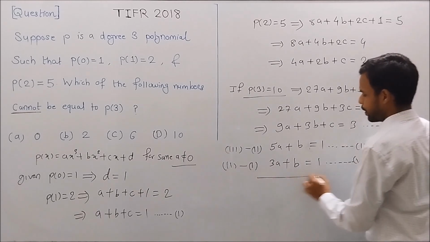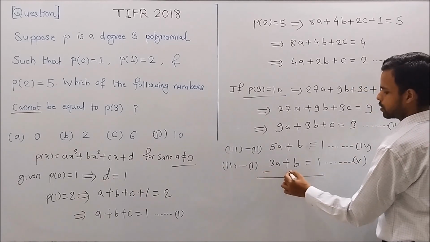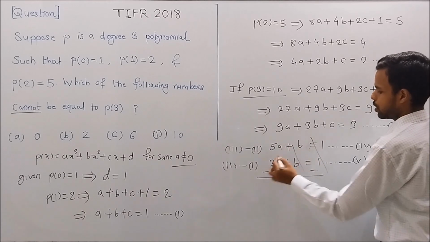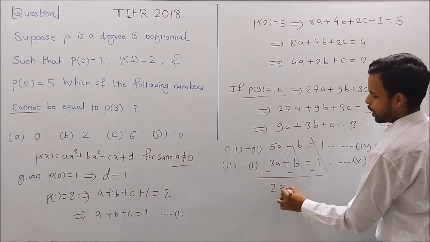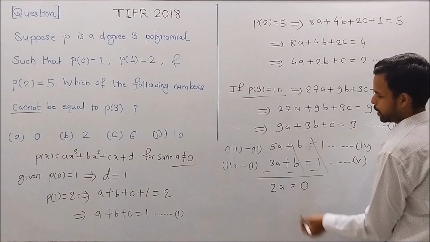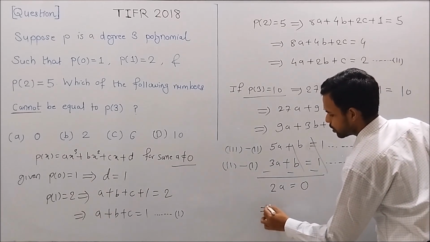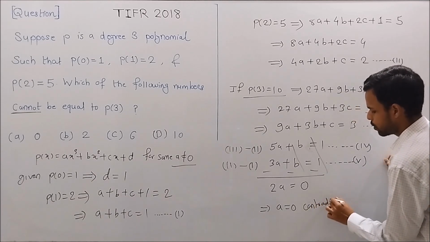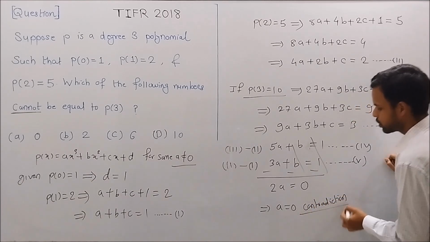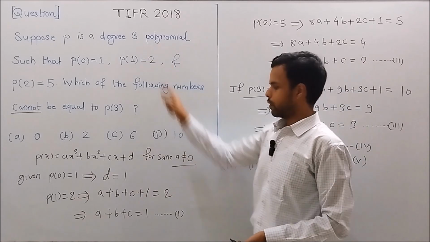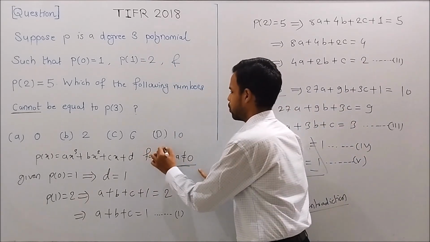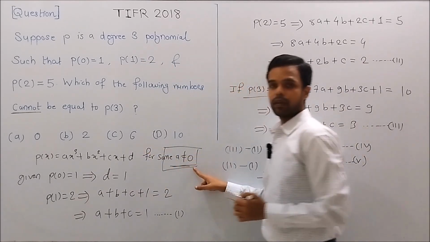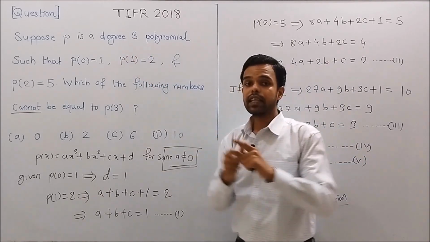Subtracting equation 5 from equation 4, we get 2a equals 0. That implies a equals 0, which is a contradiction. Why? Because by the given condition, we must have a not equal to 0, since P is a degree 3 polynomial.